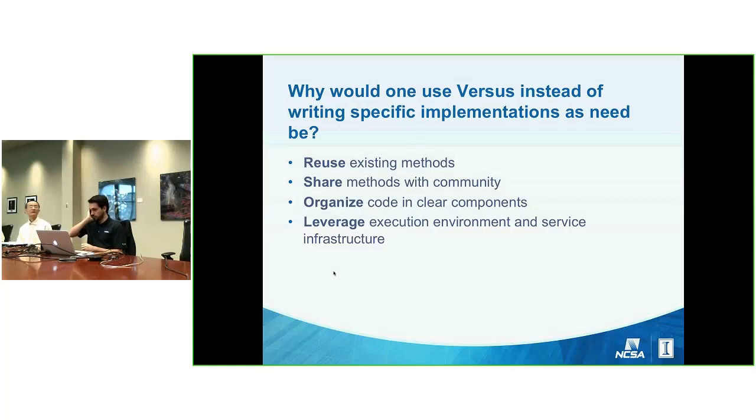It's also to share methods with the community, ideally, right? Somebody writes a method, then somebody else is interested in something like that, and if they know how to run it inside Versus and there are bindings for Versus, then they don't have to worry about anything else, instead of having to know how to compile it, how to get input to it, and all of that stuff. It organizes coding into clear components, and I'll show a little more about this in a second.